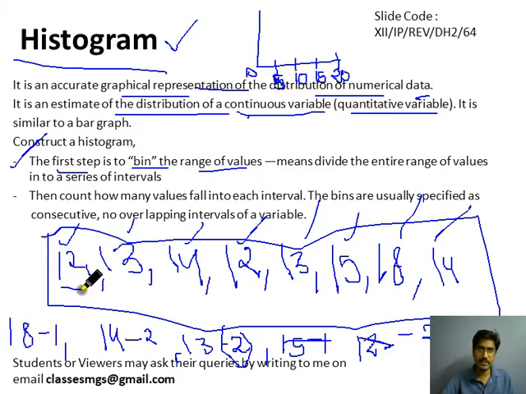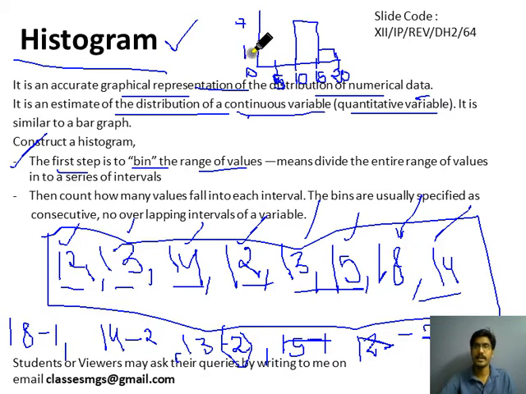If we count these, 1 2 3 4 5 and 6 7, so 7 students are in the 10 to 15 range. So we will draw a bar up to 7. Then for 15 to 20 we have only 1, that is 18, so we will draw a bar up to 1. So this is how we draw a histogram.